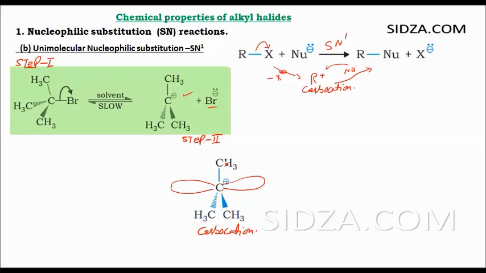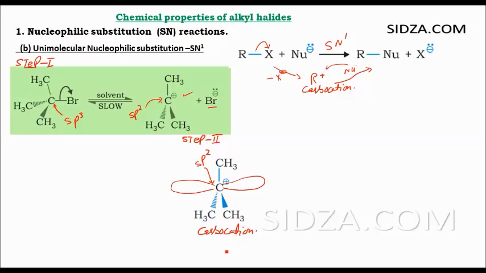These three alkyl groups and the carbon are in plane because the hybridization is sp2 for this carbon. In the alkyl halide, the hybridization is sp3, but over here the hybridization is sp2. And now the nucleophile attacks.